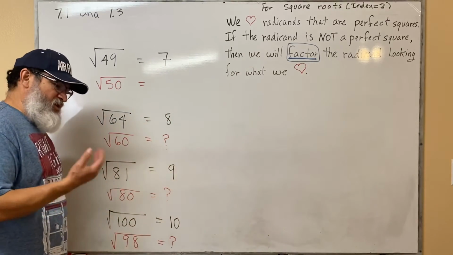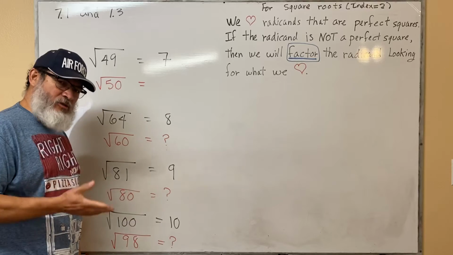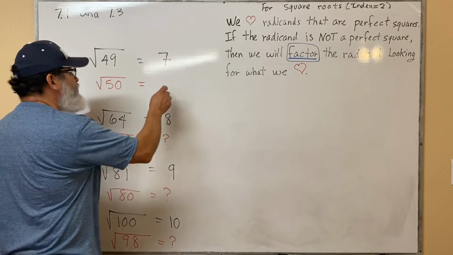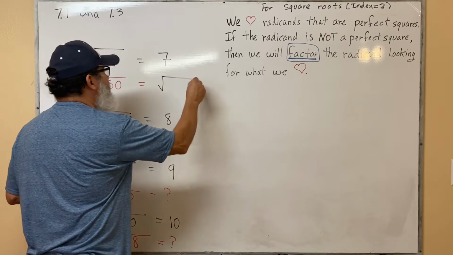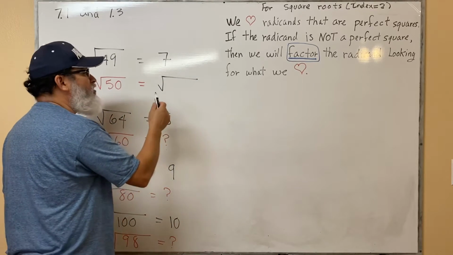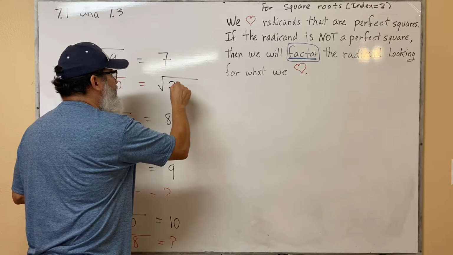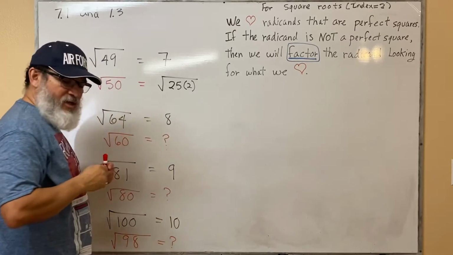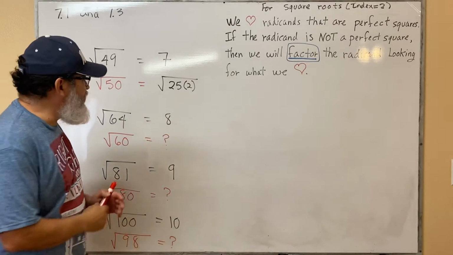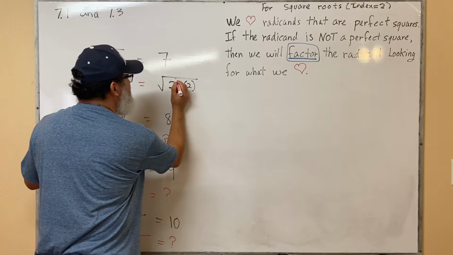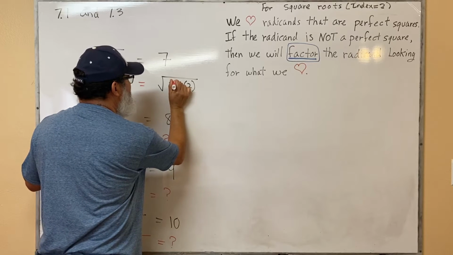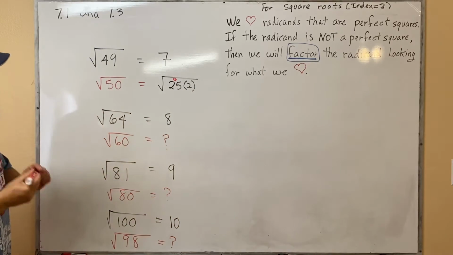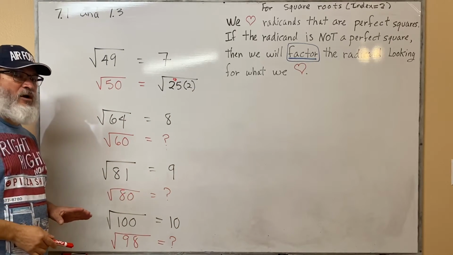Okay. 50 is 25 times 2. The square root of 50 equals the square root of 25 times 2. But when you see 25, we love it. Put a heart there. We love that 25. Why? Because 25 is a perfect square.